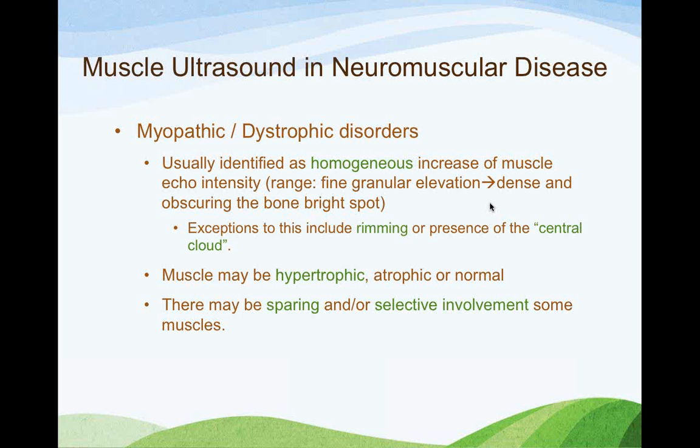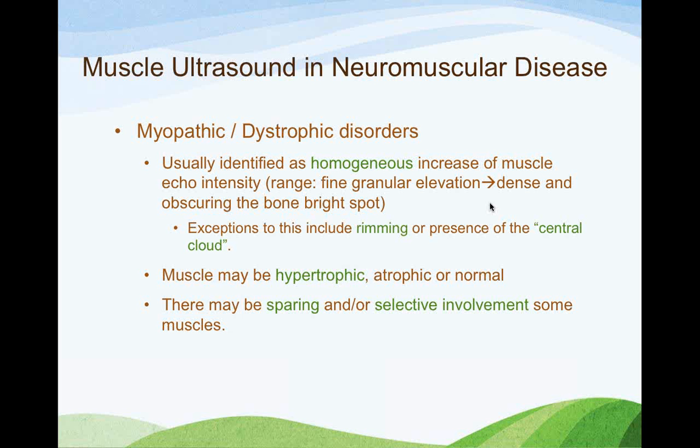And then you also get this phenomenon called rimming with collagen 6 disorders, where the changes are also coming from the outside fascial layers inward. When the fascia is more affected, it's all around the borders of the muscle, and it gives this rimming effect. I'll show you a picture of that as well.